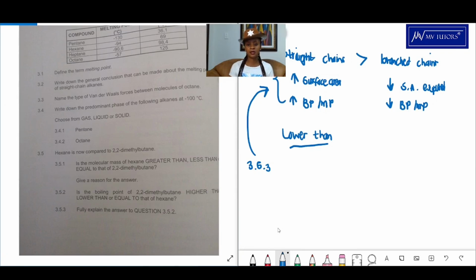I think that's something you can mention as well. And for you to overcome or to break those bonds, you need higher energy. Whereas with branch chains, you don't really need that high energy to break the bonds. And because you need that high energy, you end up having a high boiling point or melting point for straight chains. Okay, so I mentioned quite a few things. I think you should talk about energy as well. You need a high energy to break the bonds.